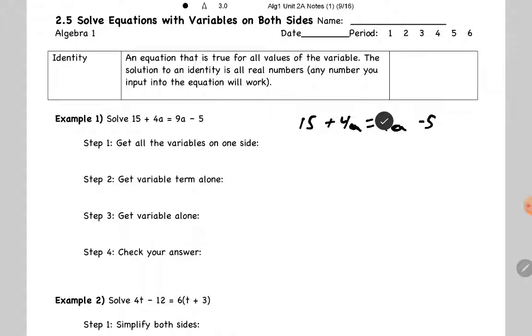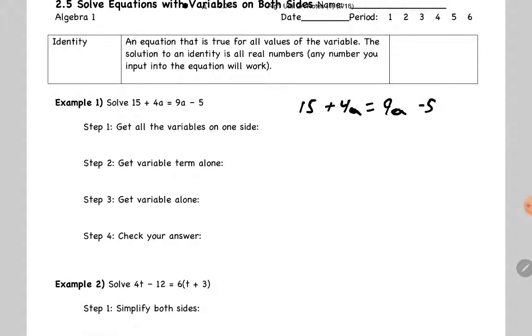So we need to get the variables onto one side. So I'm going to choose one, left or right. And how do I move this 4a over to the other side? So I'm choosing right.